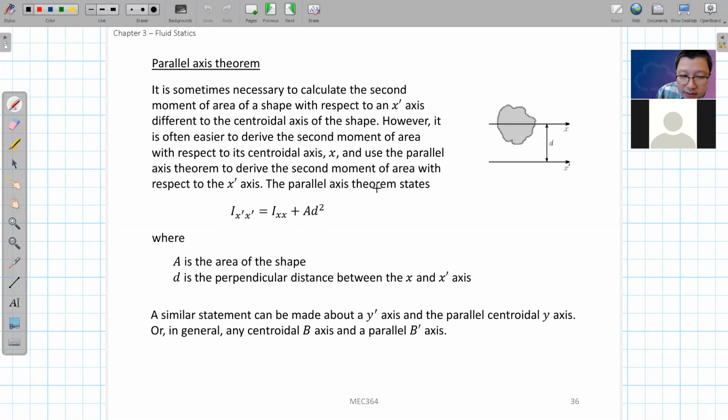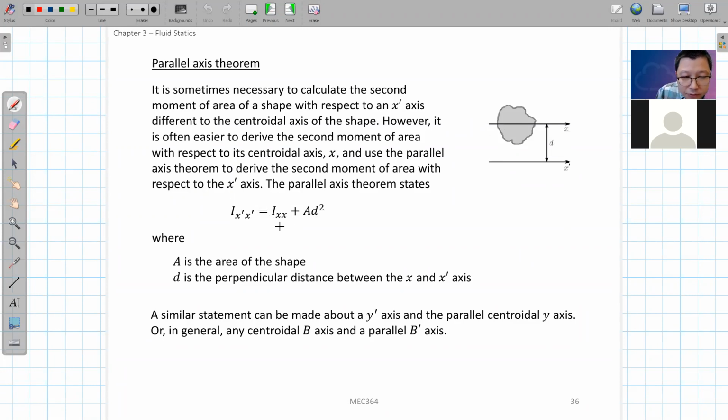And d is the perpendicular distance between x and x prime. By this way, I can calculate the second order moment with regard to any axis parallel to x.